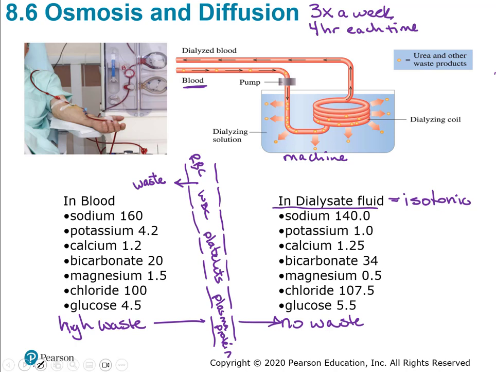So can you see that the salt would begin to move out because it's 160 in the tubing and 140 in the fluid? It's going to go from high to low. What about potassium? Potassium also. In this one, potassium would move from high concentration to low concentration. What about calcium?